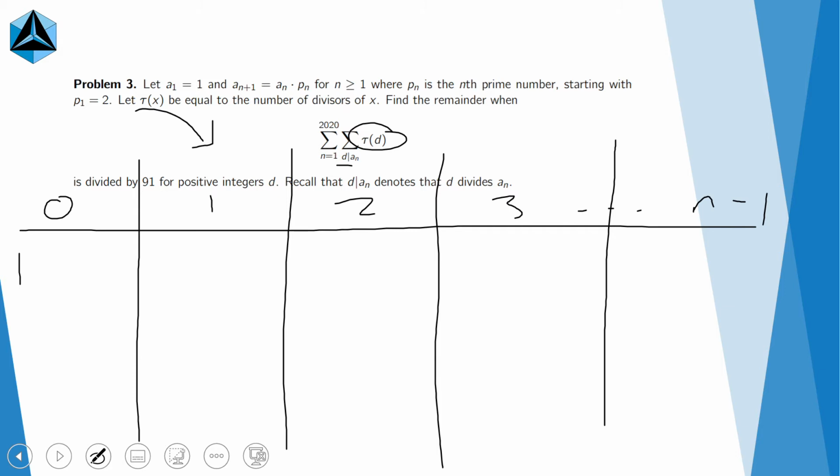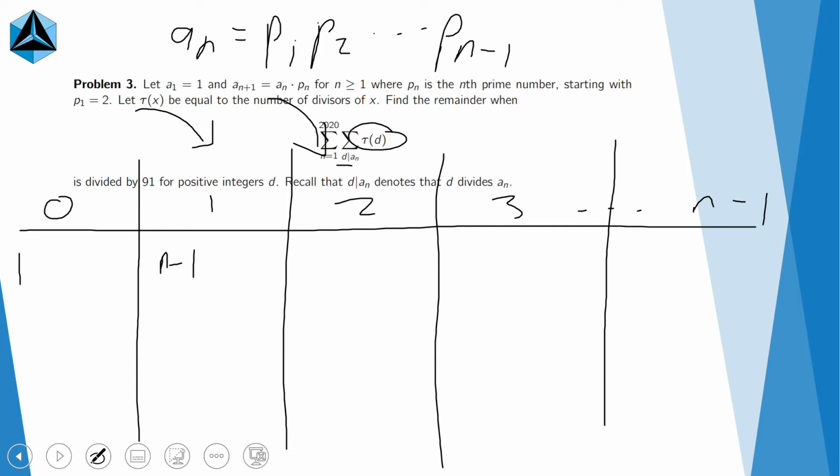Amongst the numbers d that divide a of n, there have to be exactly n minus 1, because a of n is actually just the product of n minus 1 primes. So there are n minus 1 possible prime factors of a of n, which are the things that go into group 1. We keep going into group 2 and try to find how many elements are in it.